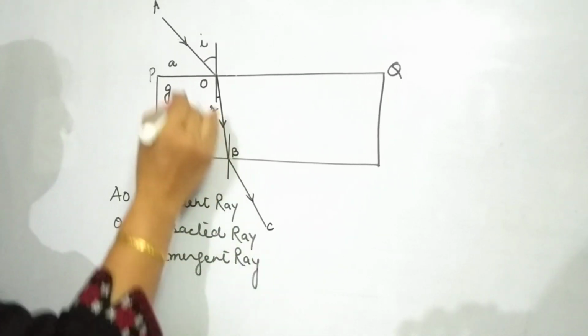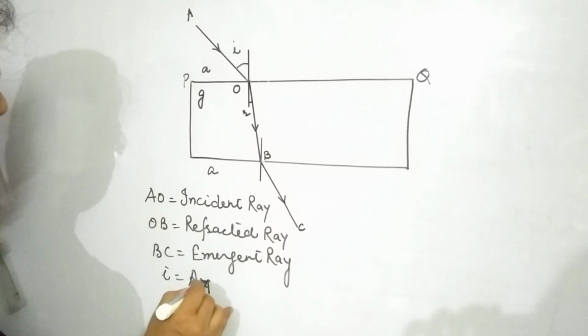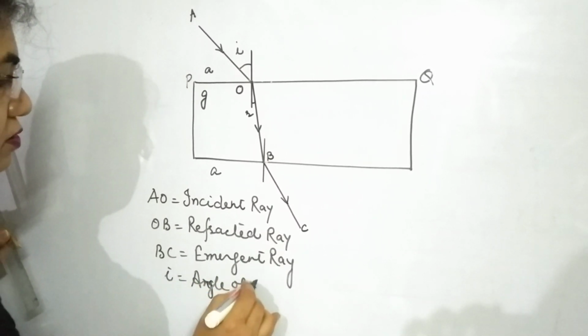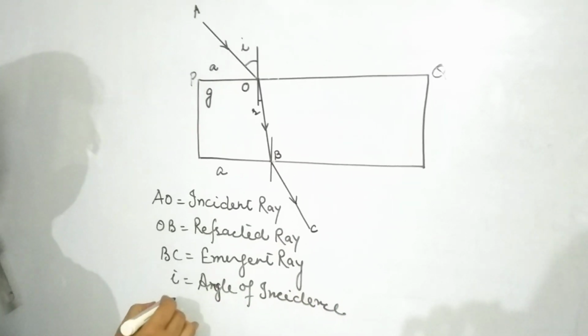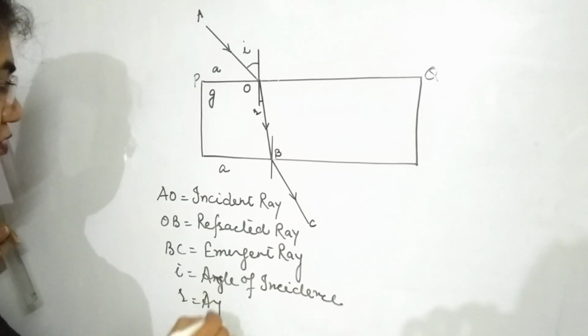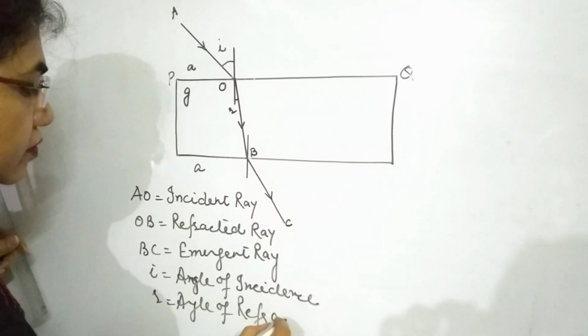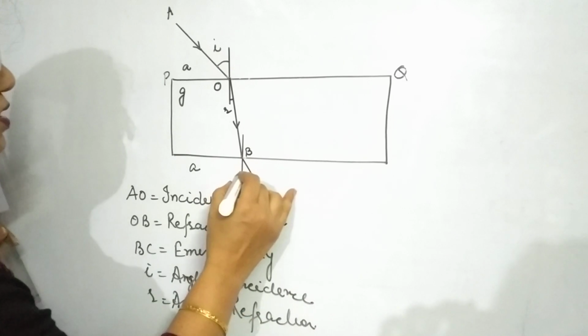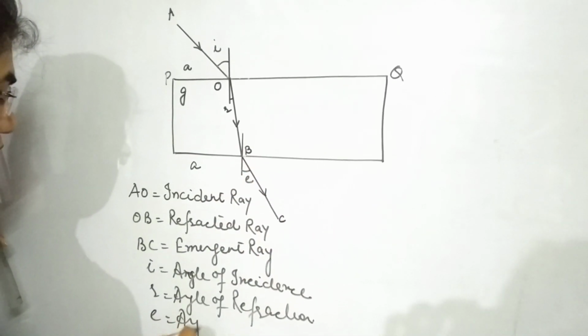On the basis of this, i is the angle of incidence, r is the angle of refraction, and this is angle e, the angle of emergence.